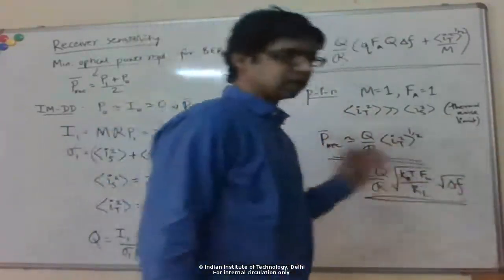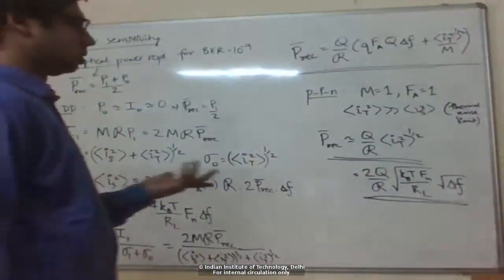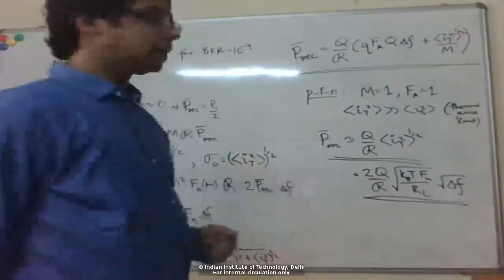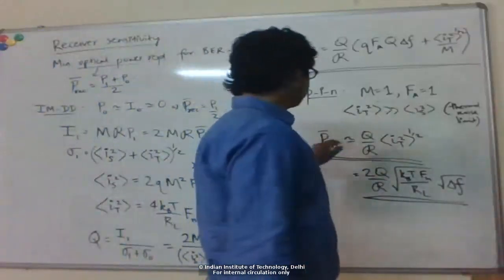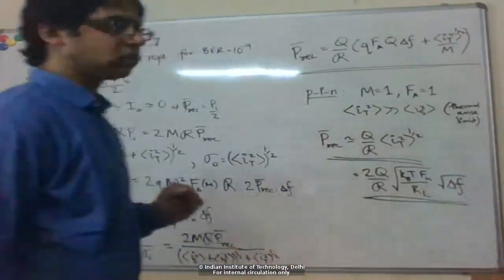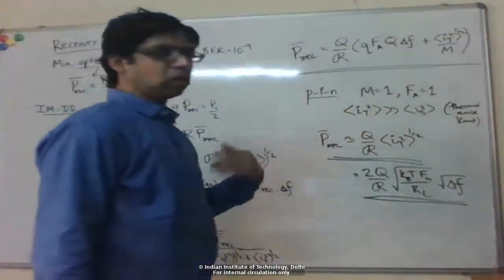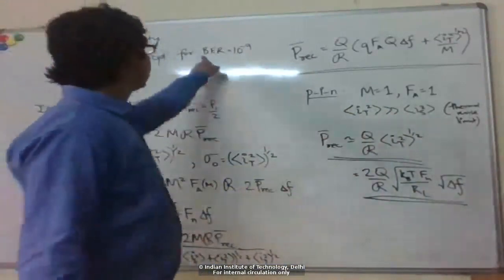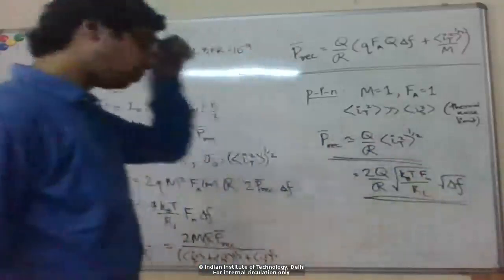Because typically, as we saw last time, the detector bandwidth is set proportional to the bit rate. So the receiver sensitivity in the thermal noise limit scales with the square root of the bit rate. As we go to higher data rates, we need more optical power at the receiver to maintain the same BER, and the scaling is as square root.